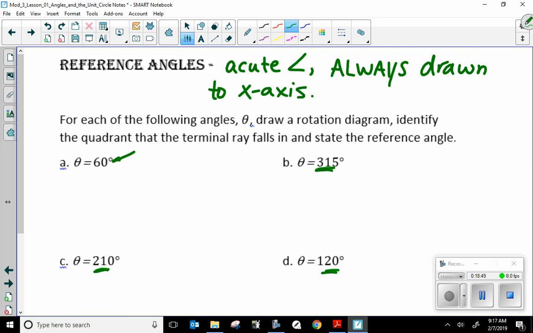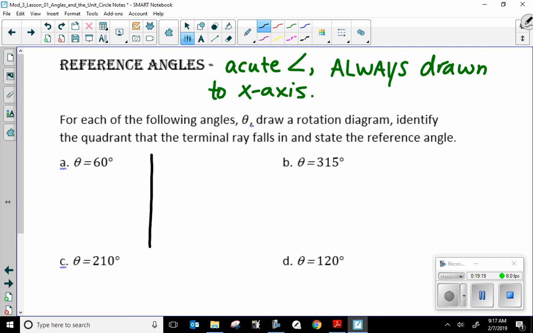So if we have an axis and we graph 210 degrees on there, with our initial ray, or starting side, and our terminal ray, or ending side, we're going to create a reference angle from that. And it will always be drawn to the x-axis, never to the y-axis. I will show you as we start doing these right here. That's important.